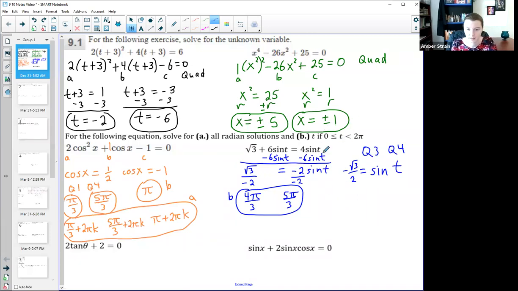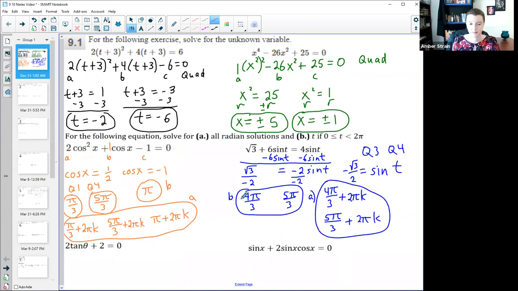And then to find all radian solutions for part A, I just take those two things and add on the period of sine, which again is 2 pi. Okay, so those would be the answers for part A.